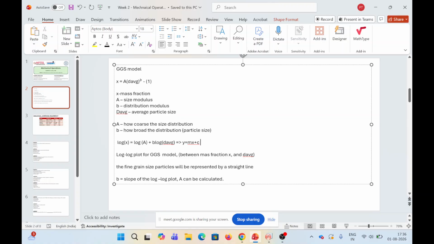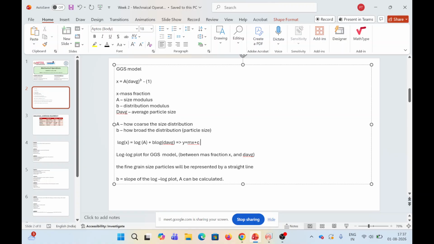Effectiveness of the screen typically means how well the particles are separated, or the efficiency with which a screen can separate the particles into their respective sizes.